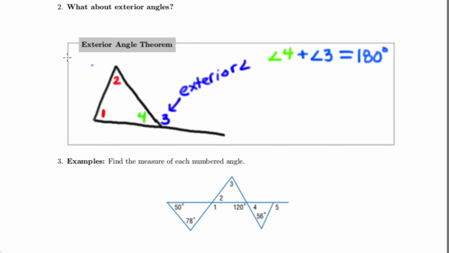That's not the exterior angle theorem. What the exterior angle theorem gets to is the idea that if you take angle 1 and add it to angle 2, so the measurement of angle 1 added to the measurement of angle 2, this will equal the measurement of angle 3. This is a little bizarre, but it kind of makes sense.